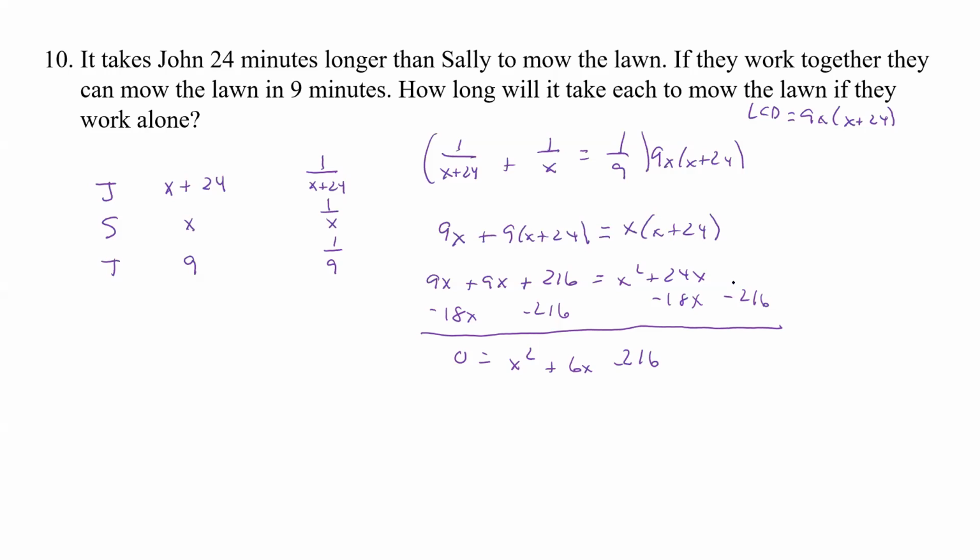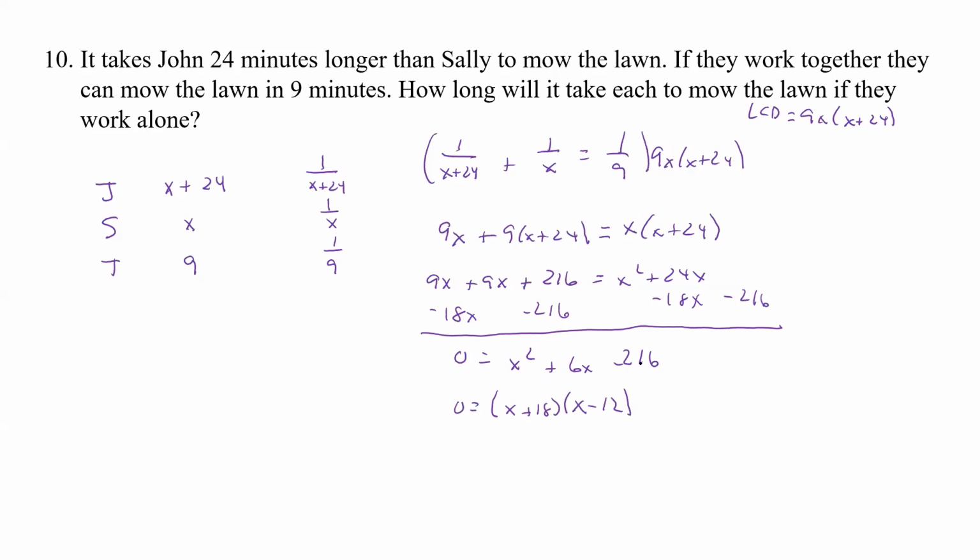So this is one that you just have to kind of go through all the factors. It's divisible by 2, see if that works. And because this one is so large, I went ahead and figured it out already. It's going to be x plus 18 and x minus 12.